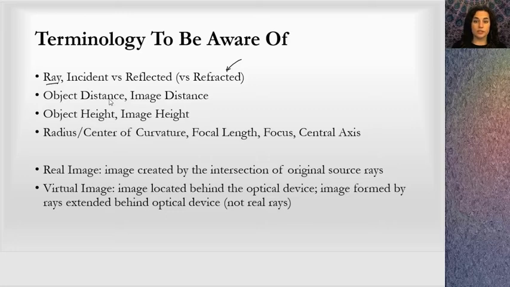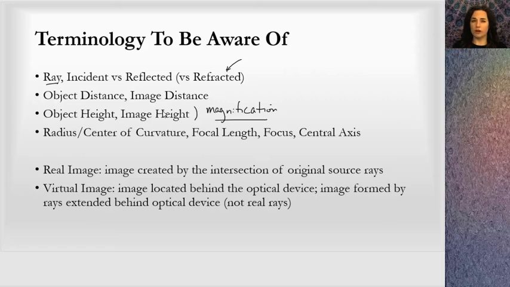There's an object distance and an image distance. So we're talking about objects and images, and they each have distances. You might not be surprised that they have heights as well. We may look at magnification. Did it get larger? Is it reduced? What's the effect of the mirror or the optical device on the size of that image?